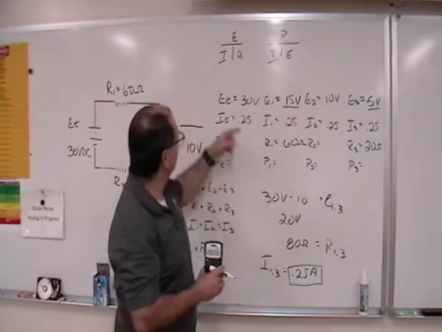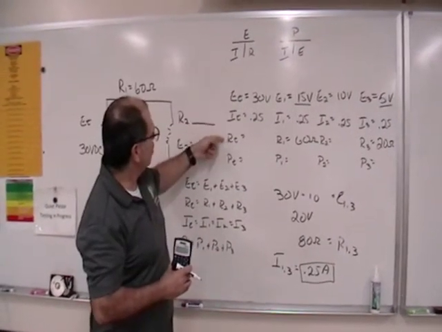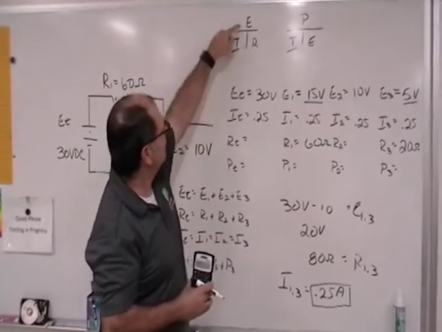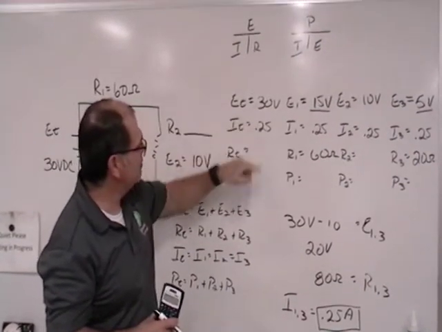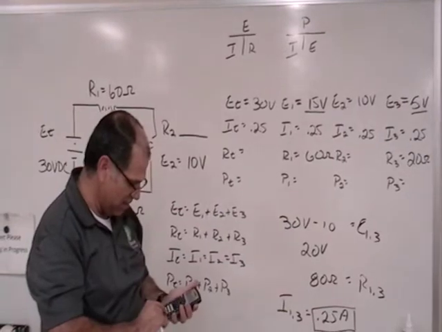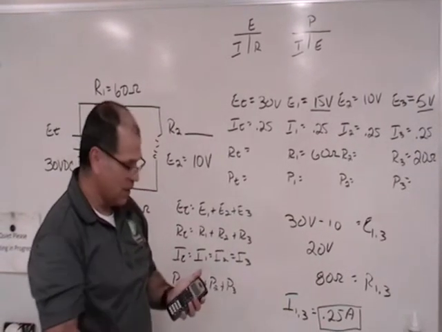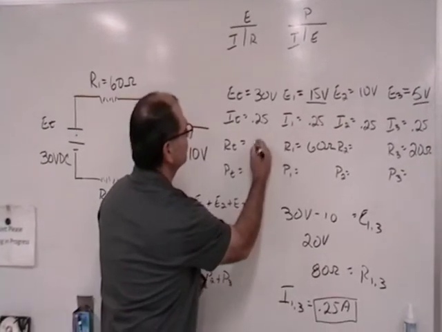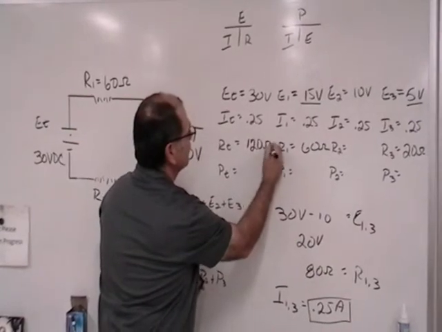Let's do this one right here. Let's do RT. R is E divided by I. So 30 divided by 0.25 is 120 ohms. Okay?